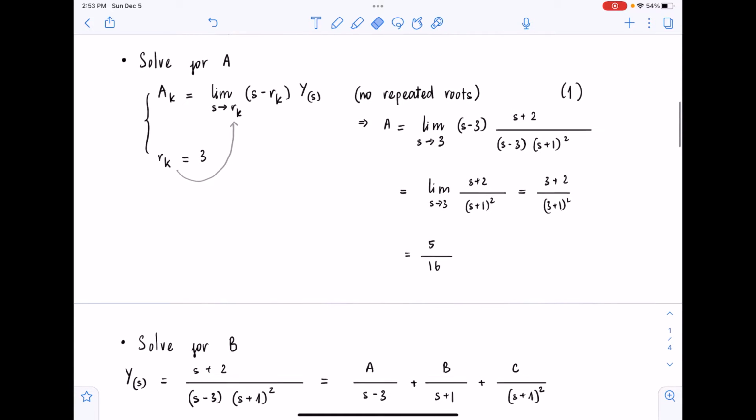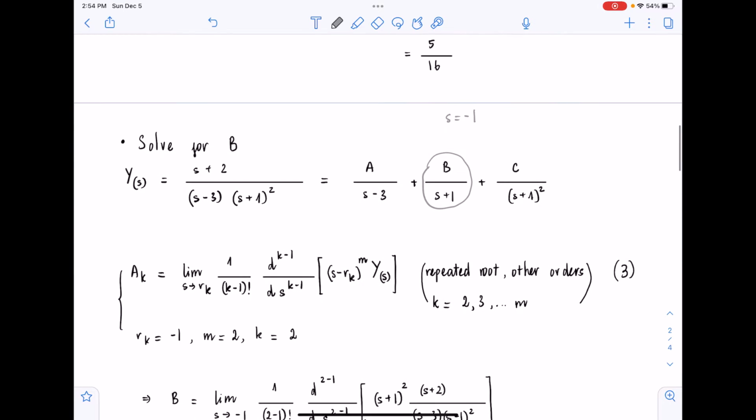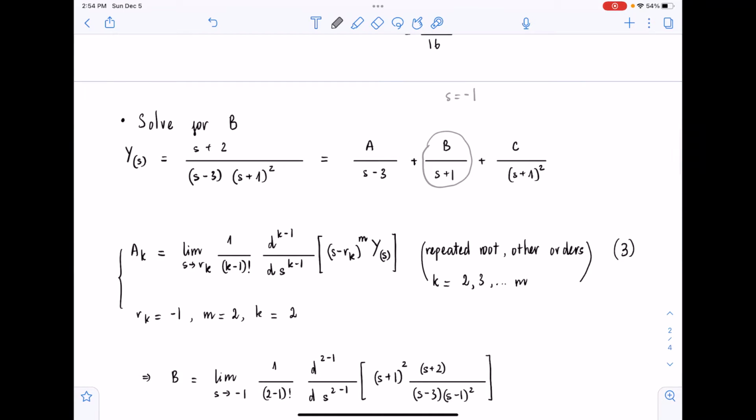Next, we need to solve for B. This will be a bit trickier since s plus 1 is a repeated root, but this term does not hold the highest order, so we need to use equation 3 instead. In this case, r_k equal minus 1, m is the order, equal 2, and k runs from 2 to m.